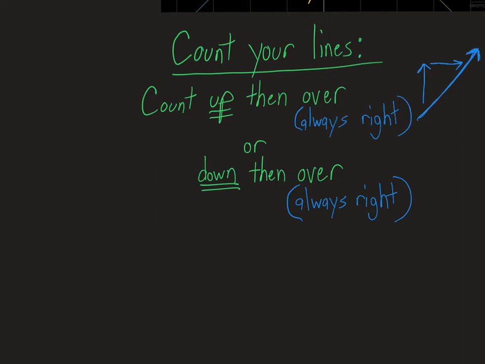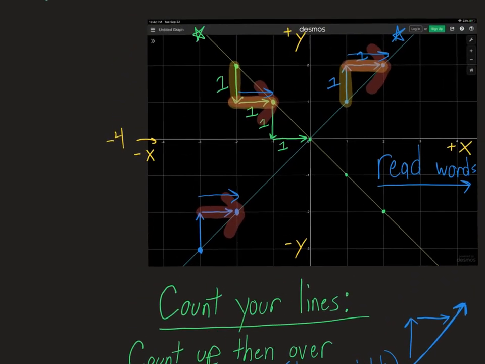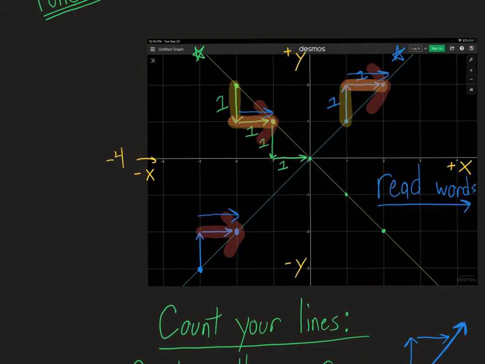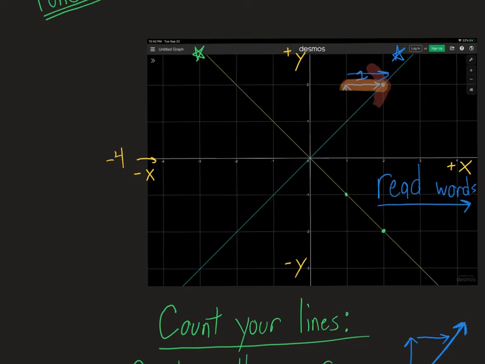And if it's a line going down to the right, then we're always going to count down and then over. And that's always what it'll look like. And if you do that, it's really going to help keep things straight. So now let's look at one other thing here. And I'm going to erase. I think we've gotten a little bit busy here. So let's erase some of this. We'll just add this guy back.